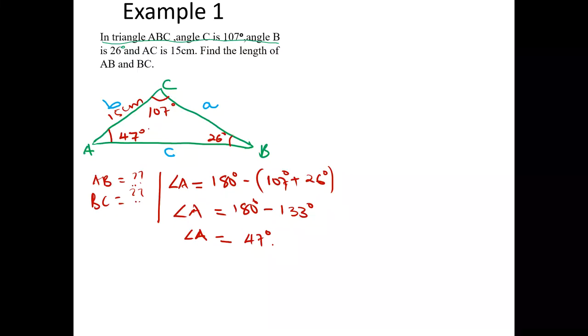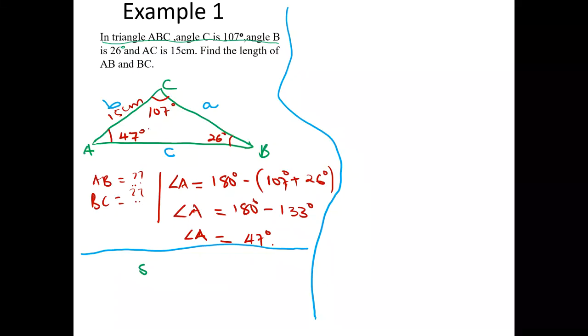So here we say that sine C divided by small c is equal to sine B divided by small b.